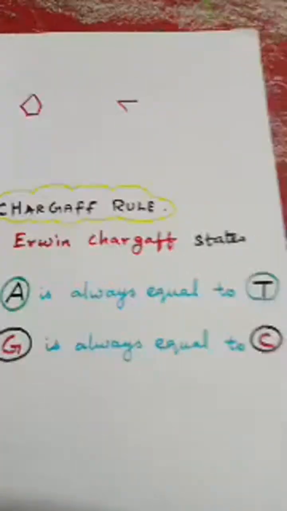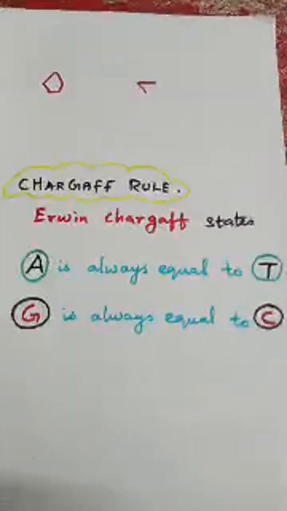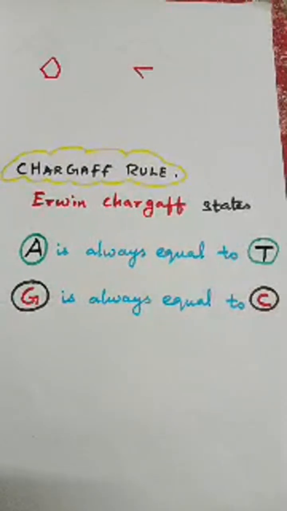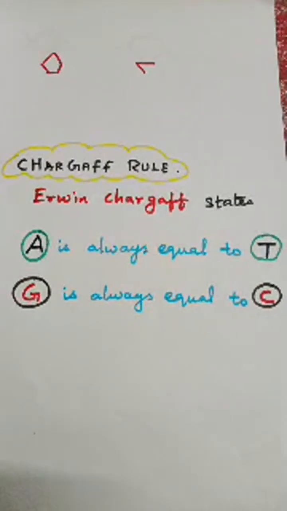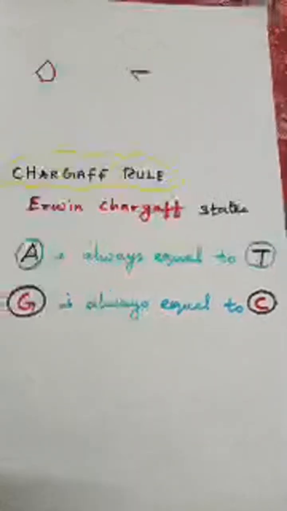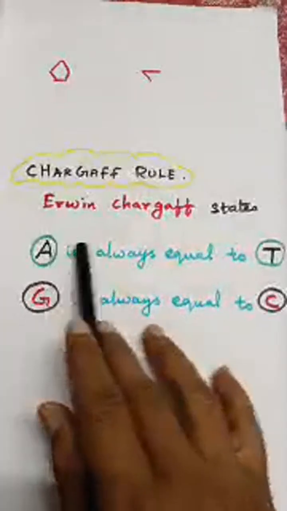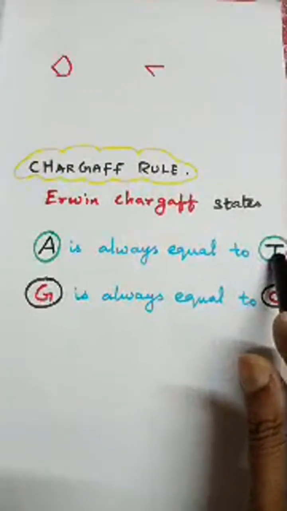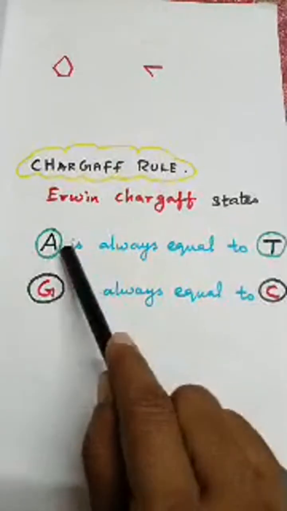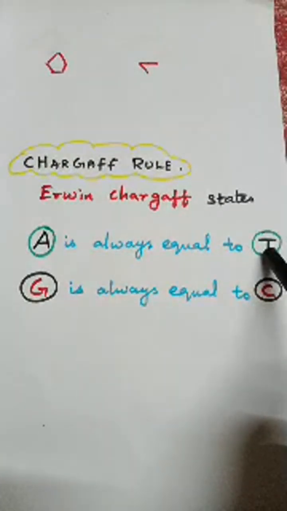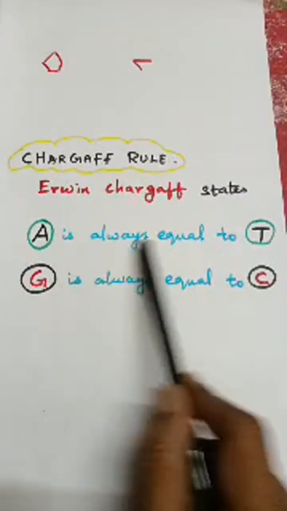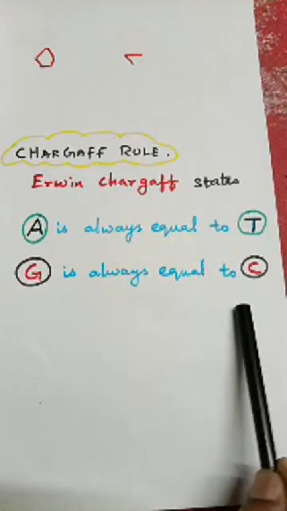Before that, I'm going to tell you about Chargaff's rule. So, what is Chargaff's rule? It comes from a scientist named Erwin Chargaff. He stated that there will always be an equal proportion of purines and pyrimidines.